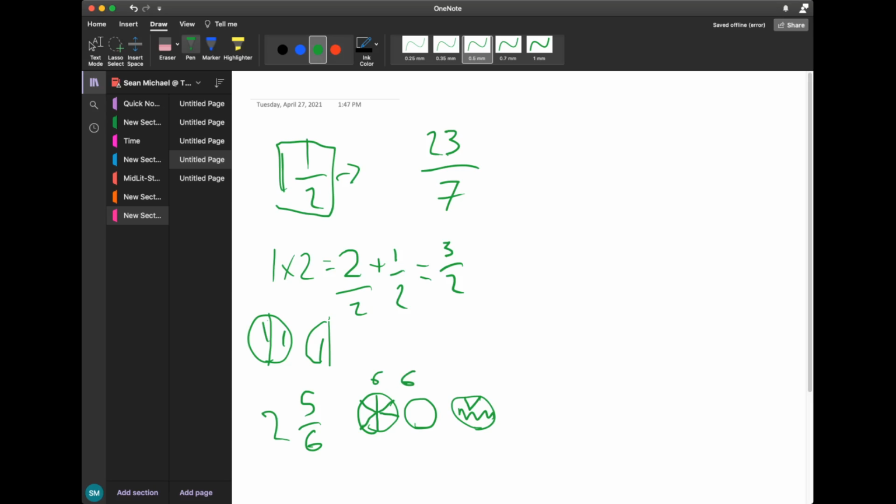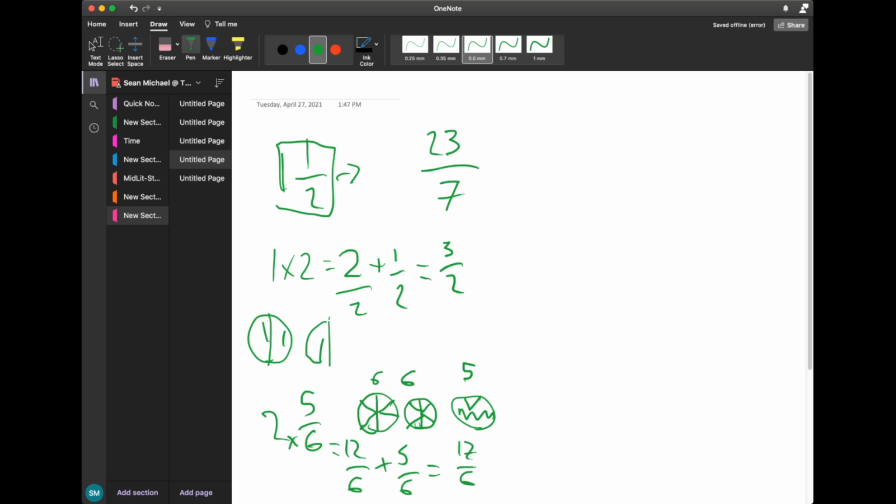So it'll be 6, 6, and 5/6, right? And so what we're doing really is 2 times 6, which is equal to 12, right? And it's 12/6 plus 5/6, and that's going to give us 17/6, right?